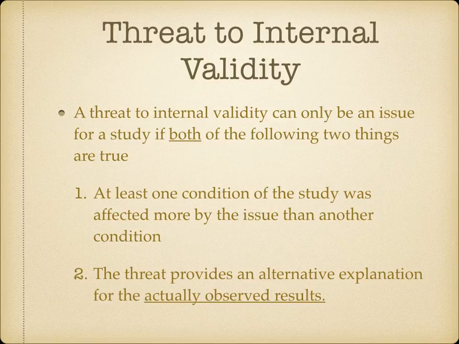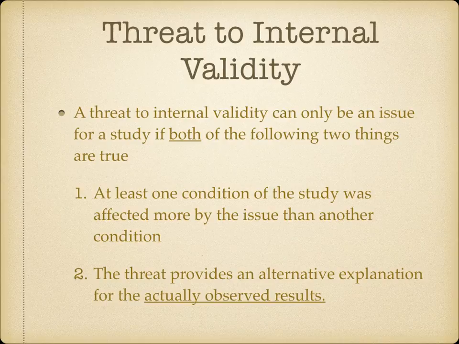You can't speculate, well, this might have been going on, therefore you might have the results. No. You have to say this alternative explanation might have been going on, and that explains why we have the results we've observed. That's the key thing right there. And for it to maintain even after we've created multiple conditions, it has to be something that affects one condition more than another.